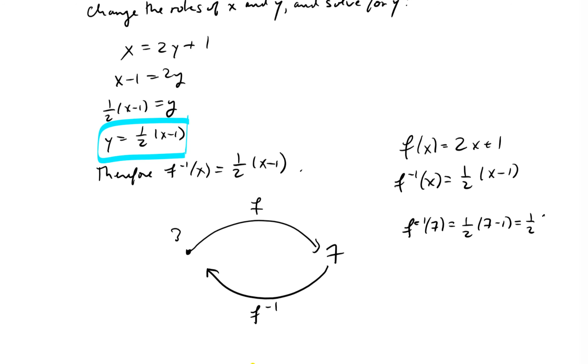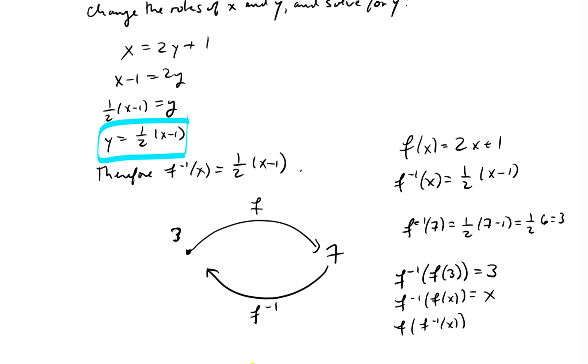So I get 1/2 of 6, I get 3. So of course I'm back to where I started. This is what I was telling you before. If you do f minus 1 of f of 3 or f of x in general, you're going to get back what you had. So in general, f minus 1 of f of x will give you x. If you do f of f minus 1 of x, you'll also get back x, because you're kind of looping around.